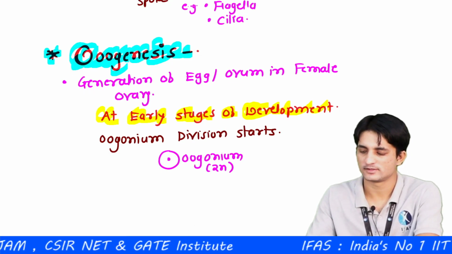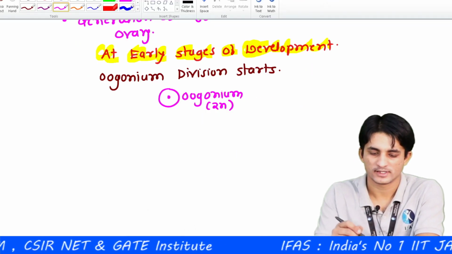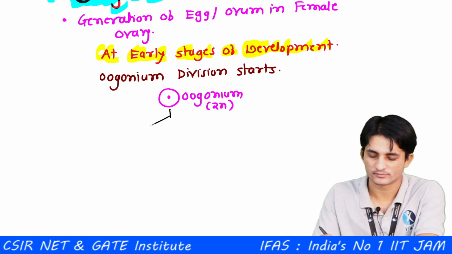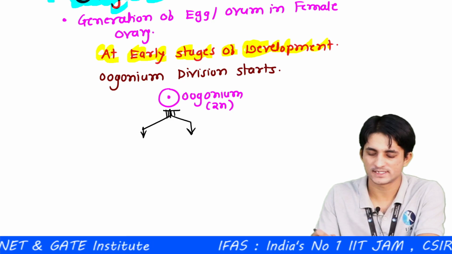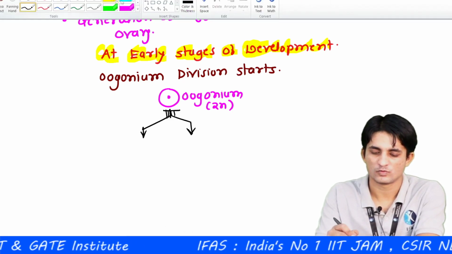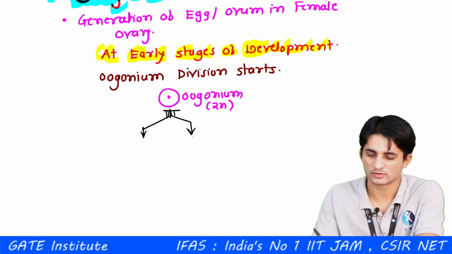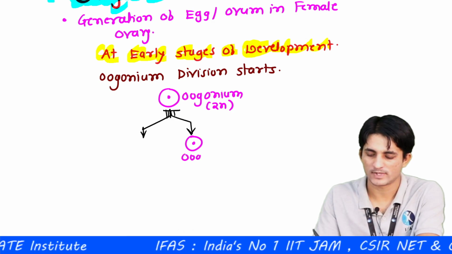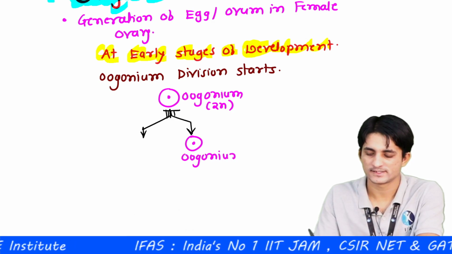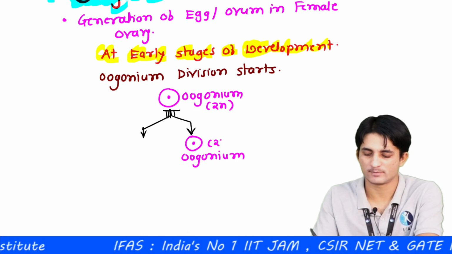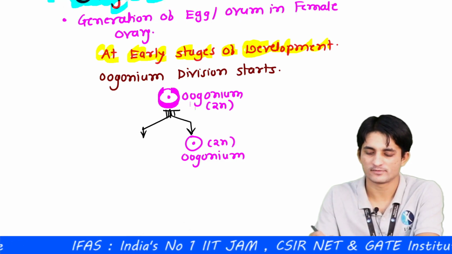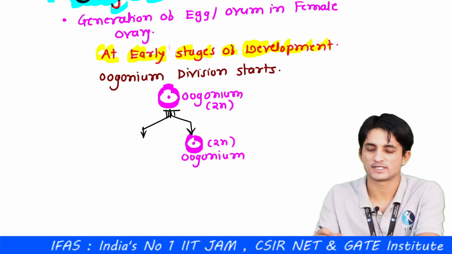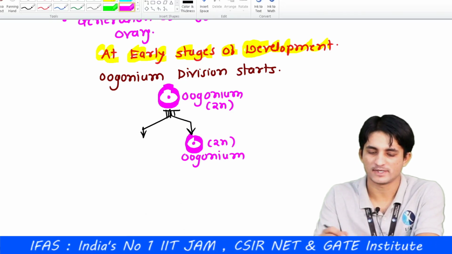It gives rise to one cell which is the oogonium itself, diploid because of self renewal, but the second cell gives rise to the primary oocyte.